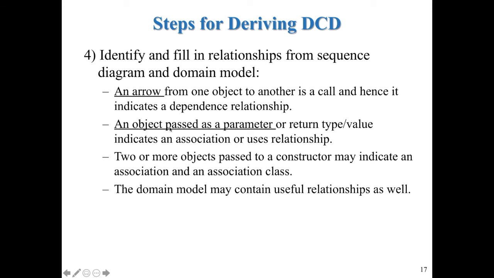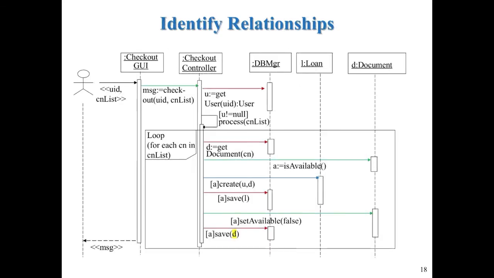Also, the objects which are passed as parameters also show you the relationship. Sometimes you may pass one object, or you may pass two objects inside the parameters. It's up to your design. But anyway, from your domain model and from your sequence diagram, the arrow signs show the relationship between your classes.